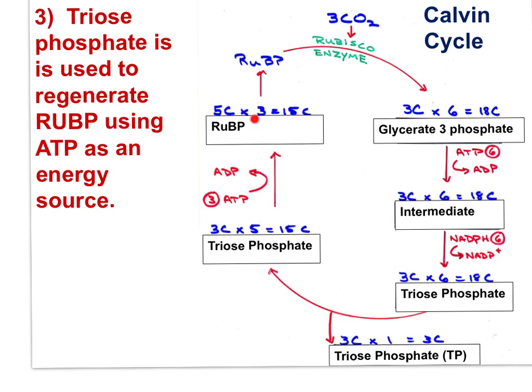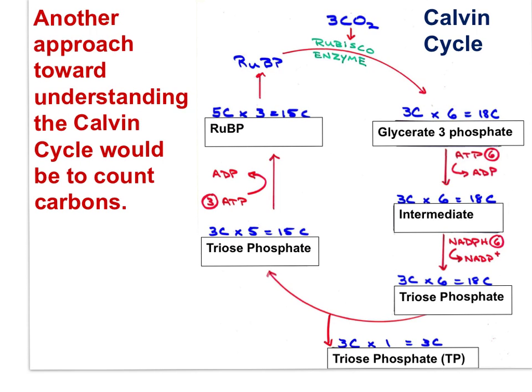The regeneration of RUBP is required for the cycle to continue, and triose phosphate molecules are used to regenerate RUBP using ATP as an energy source. Another approach toward understanding the Calvin cycle would be to count carbons.